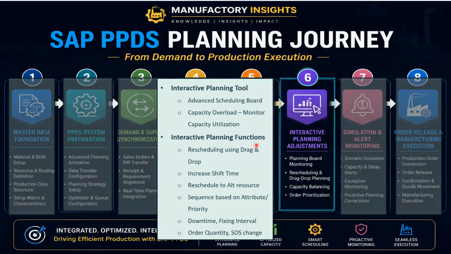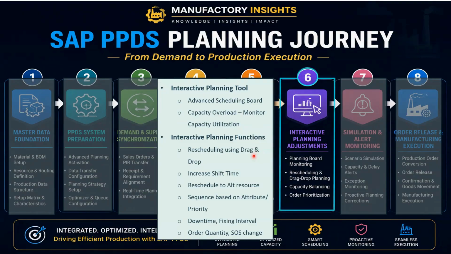But on top of that, if the planner wants to perform any more adjustments interactively, PPDS provides options that can be performed using multiple interactive tools. The first one is the advanced scheduling board, which comprises multiple options for the planner to tweak their schedule sequence. The second one is the monitor capacity utilization app.